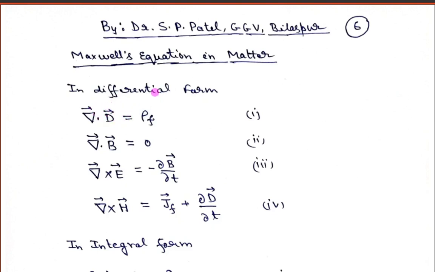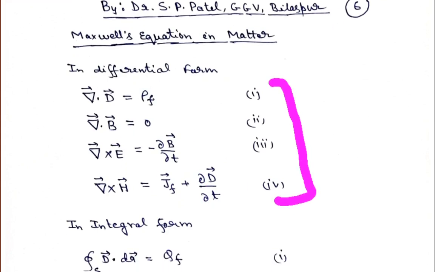Divergence of D equals rho f, that is the free charge volume density. Then divergence of B is equal to 0, curl of E is equal to minus del B upon del t, and the curl of H is equal to J f plus del D upon del t. These four coupled equations are known as the Maxwell equations in matter in differential form.